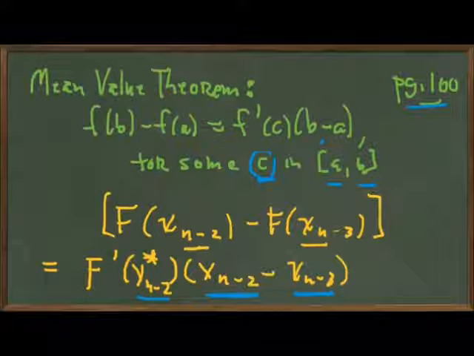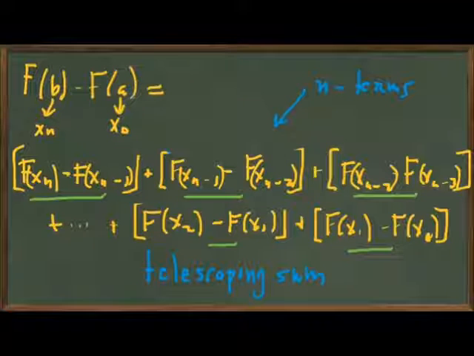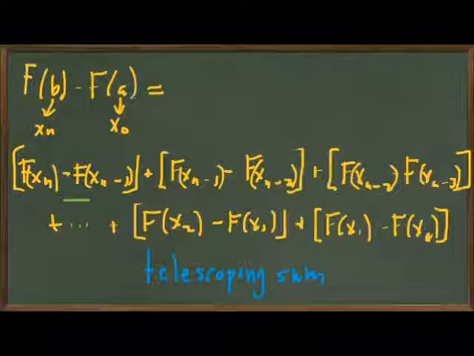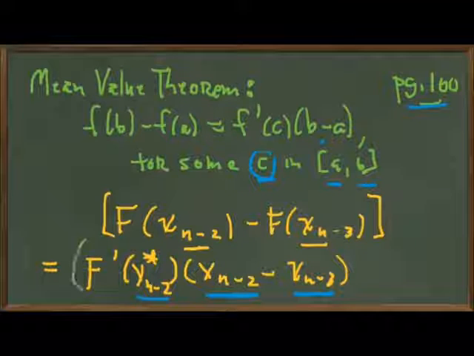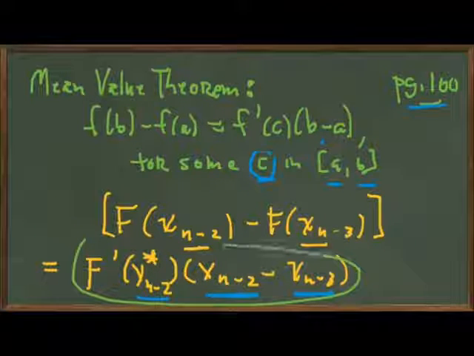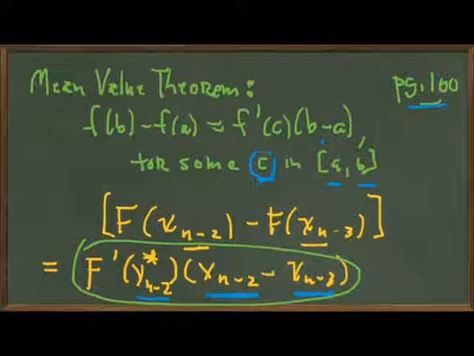So we're going to make that change to every term in this sum, to every single one. Every one of these differences we're going to rewrite in this structure right here. So let's do that on the next blackboard.